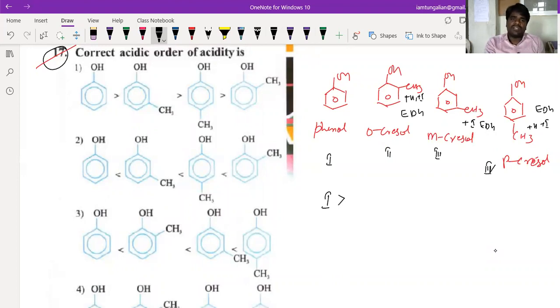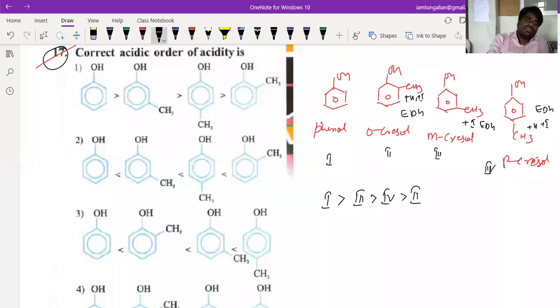Can you comment with me the answer? Can you tell me the decreasing order? Very good. What is the decreasing order here? See, 1 followed by 3rd followed by 4th followed by 2nd.